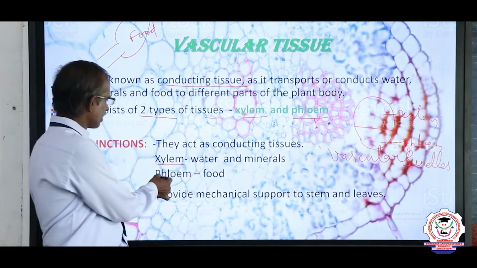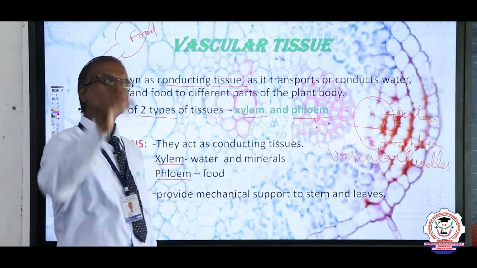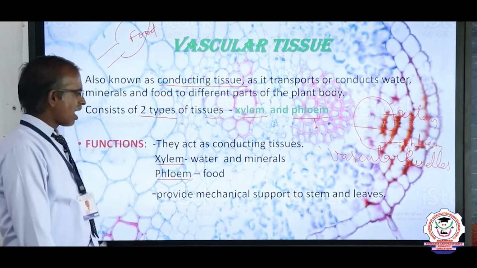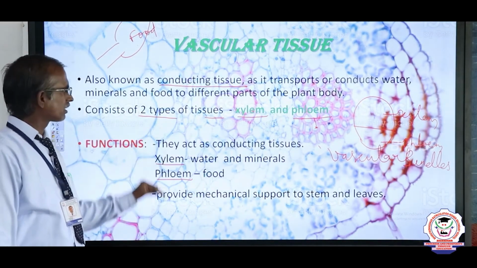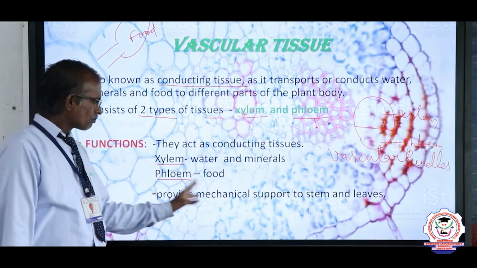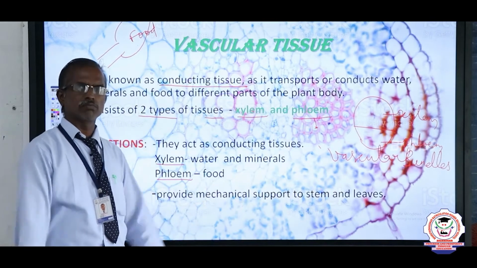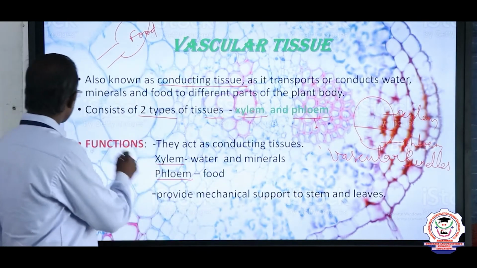The next is phloem, which always transports the food from leaves to different parts of the plant body. Apart from this main function, one more function is done by vascular tissue, that is, providing mechanical support to the stem and leaves.